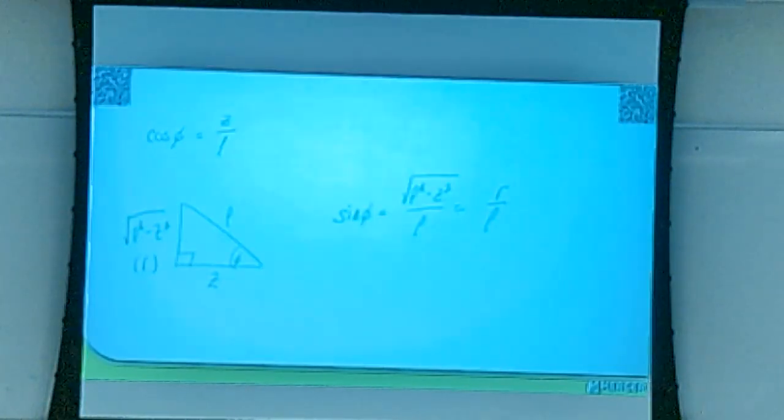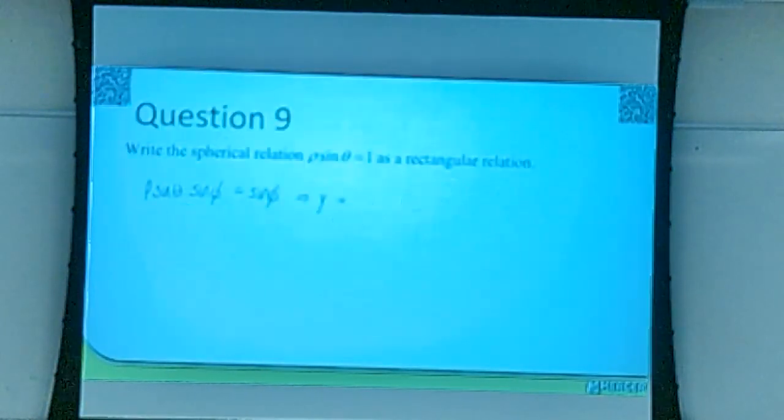Square root of x squared plus y squared plus z squared, right? That's your sine of phi. That nightmare.